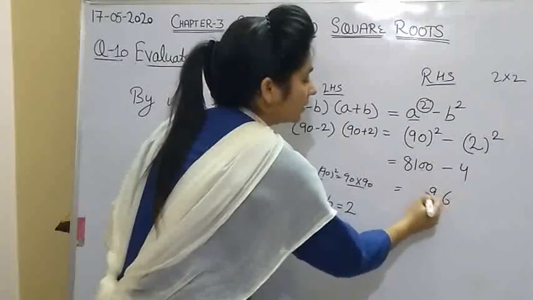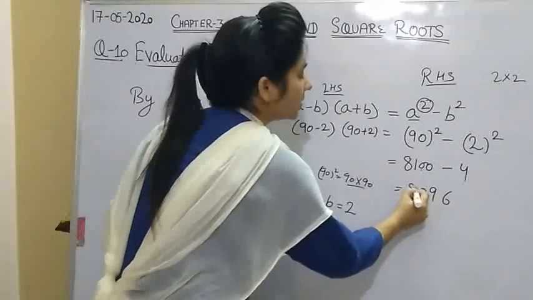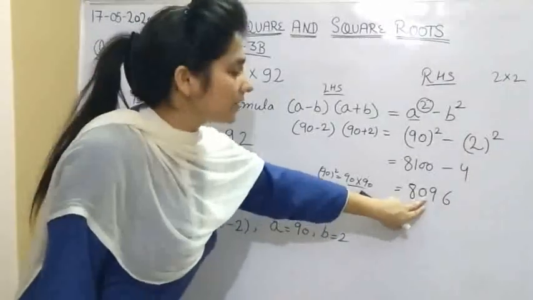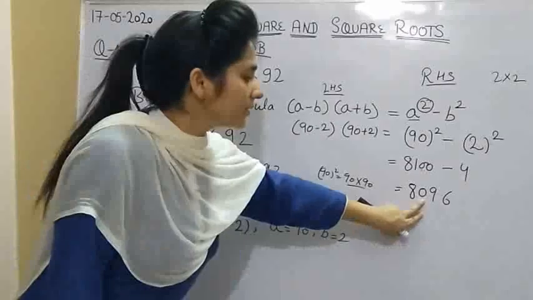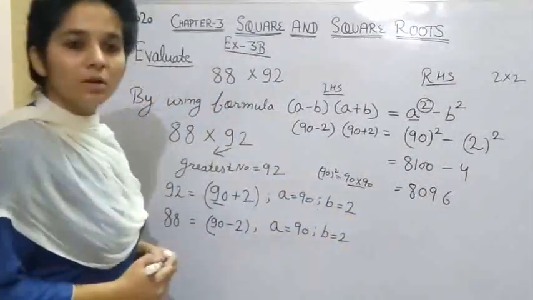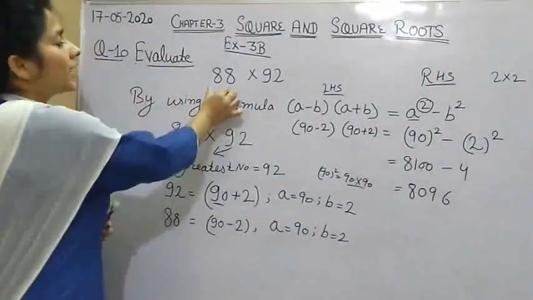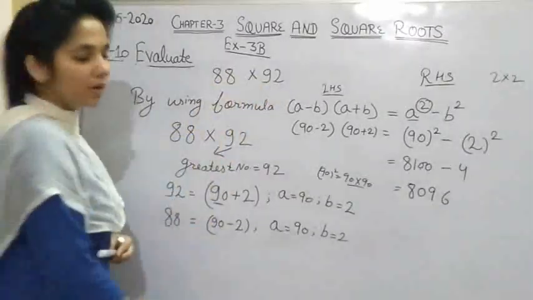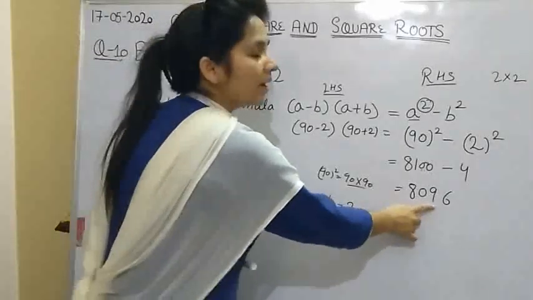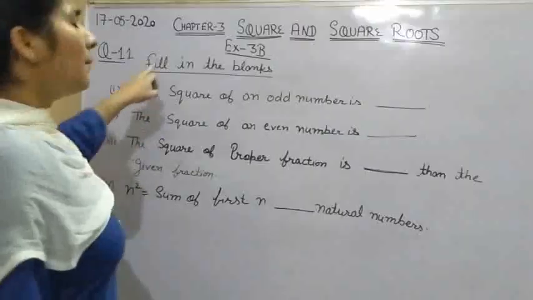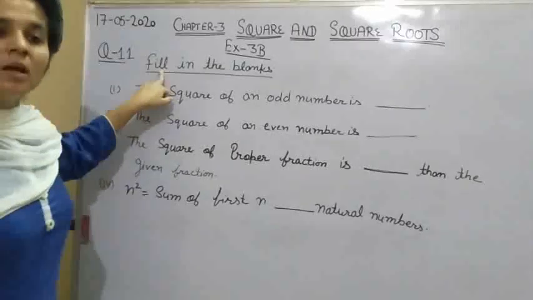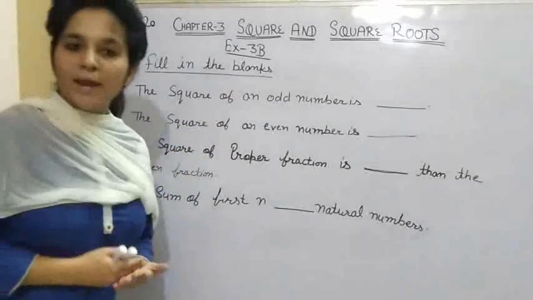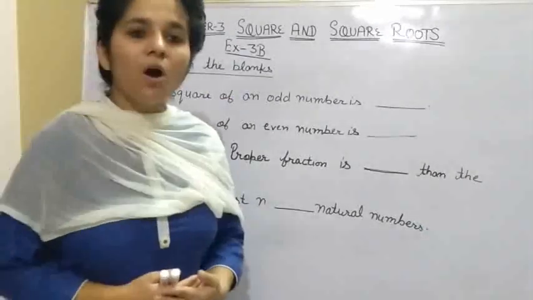There will be 9, 0 and 8. The required number is 8096. So the solution of the given product 88 multiply 92 is 8096.